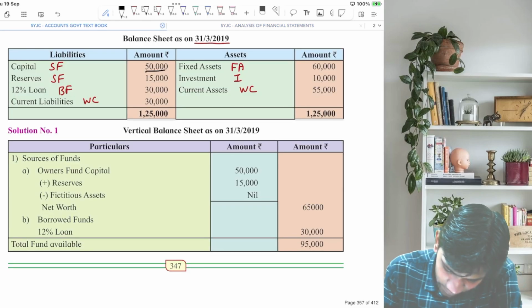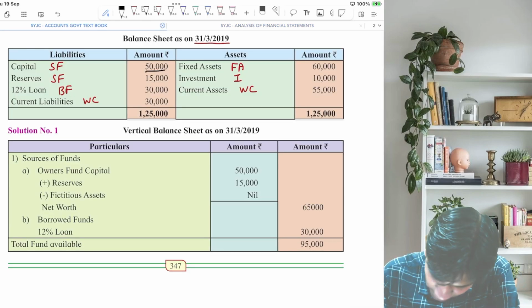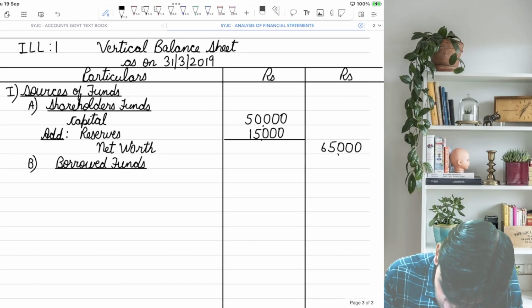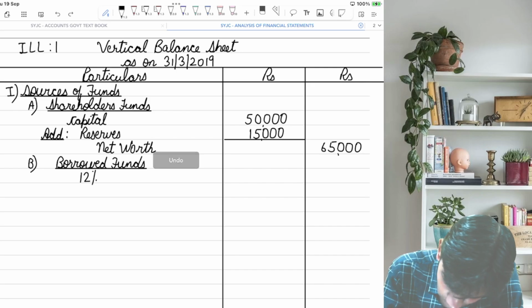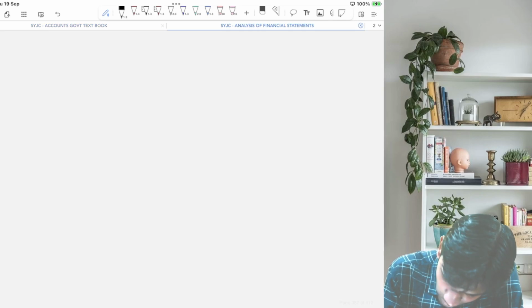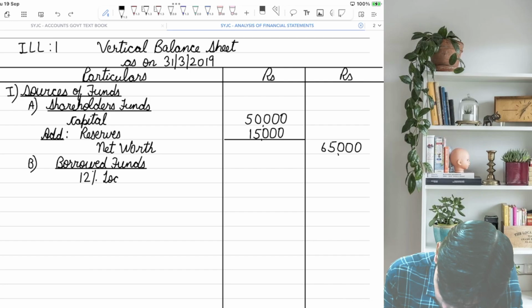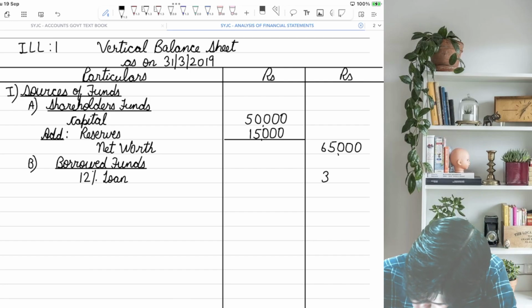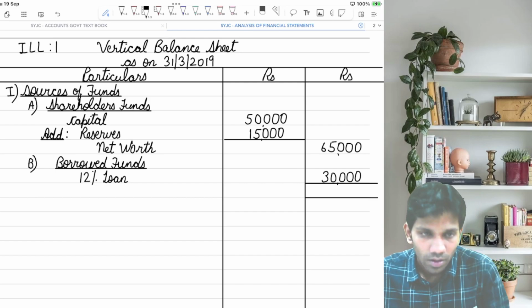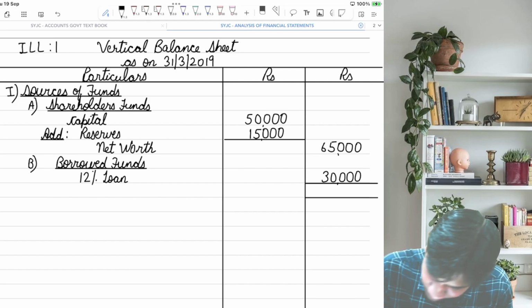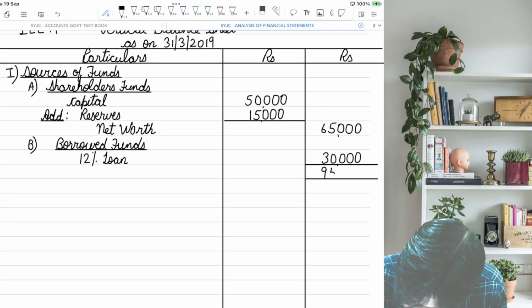I think we have loan, 12% loan, 30,000. Only one item. So directly outer column. 12% loan. So grand total comes to 95,000.